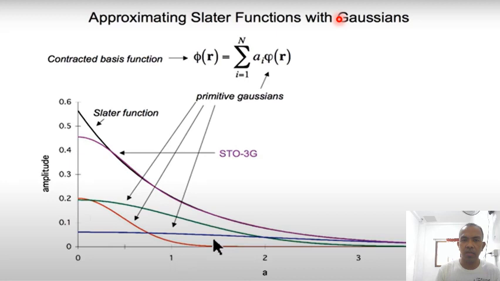But in contracted basis functions, this is set in stone. STO-3G refers to a table in a paper somewhere that says if you want to build the function that best looks like a 1s for use in molecular calculations, use these coefficients; they're not allowed to vary.